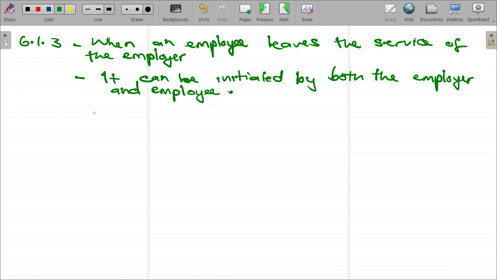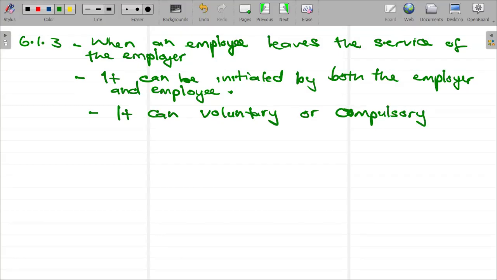It can also be voluntary, where one decides to terminate, or compulsory, whereby the employee will be asked to leave.